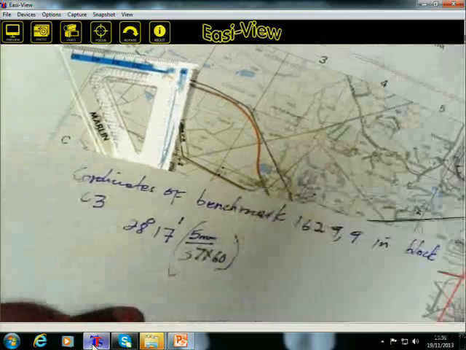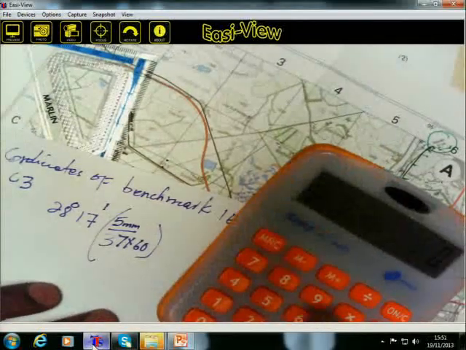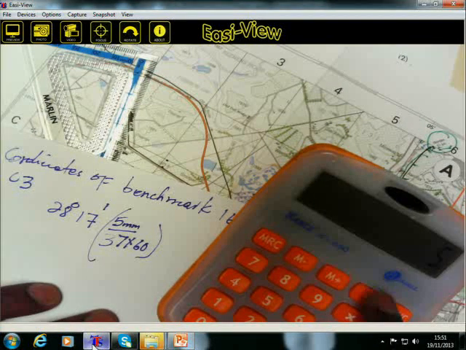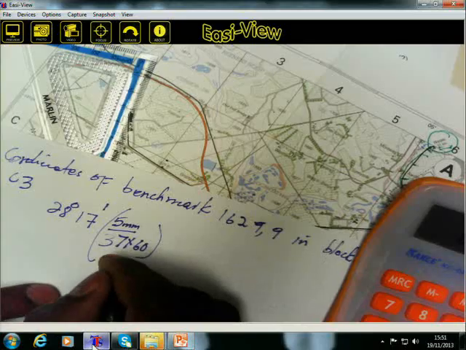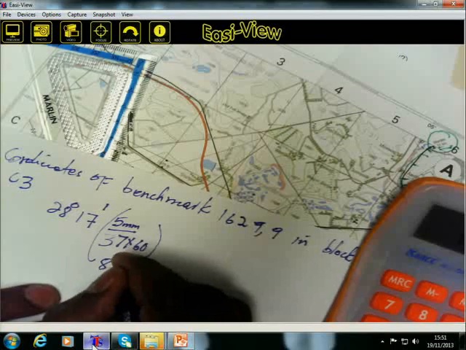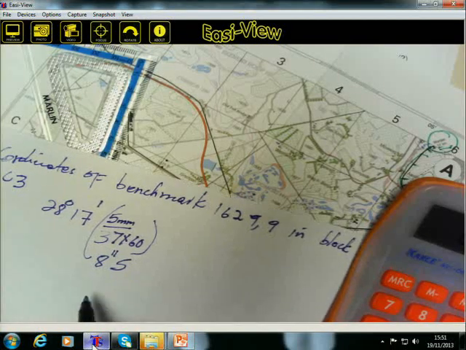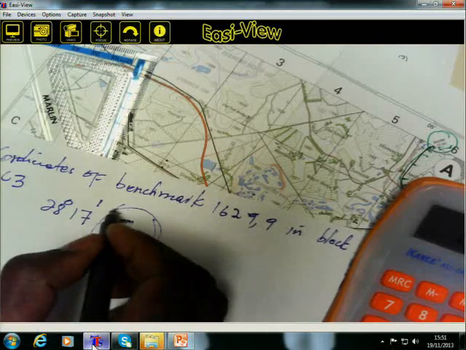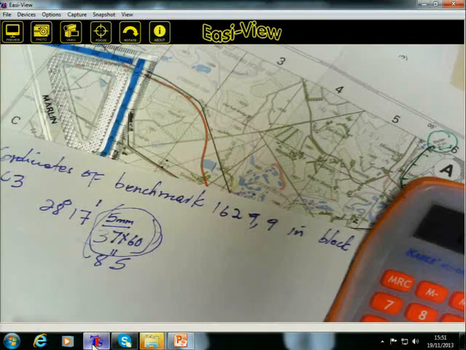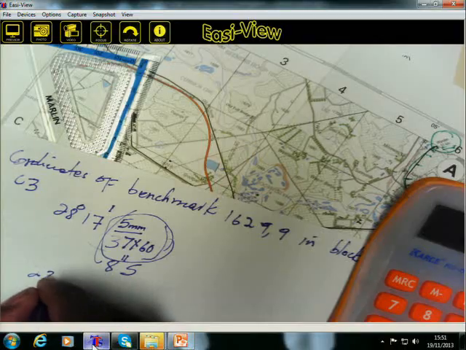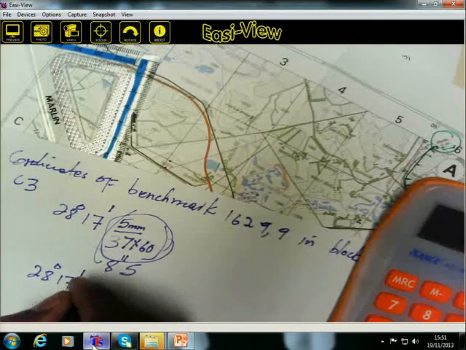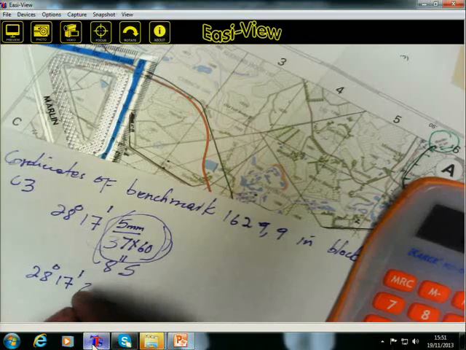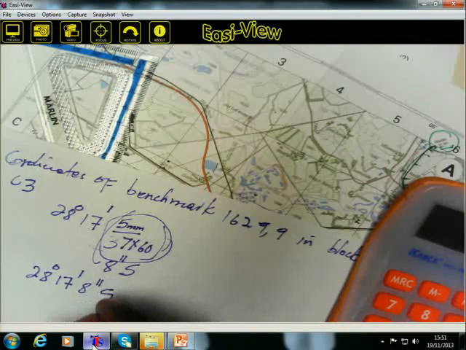Then you go to your calculator: 5 divide by 37 multiply by 60. Then you've got 8 seconds south. In total, we have used this formula to get the seconds. In total, you'll have 28 degrees, 17 minutes, 8 seconds south.